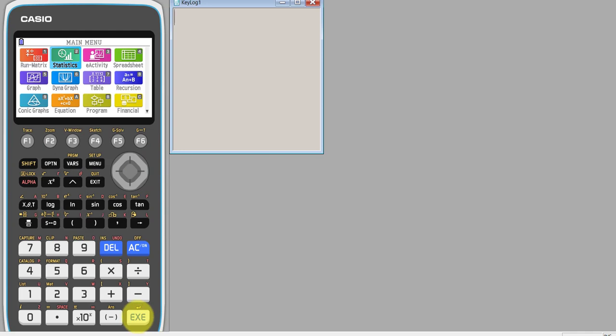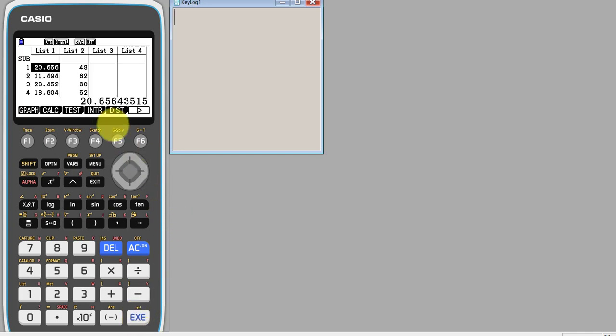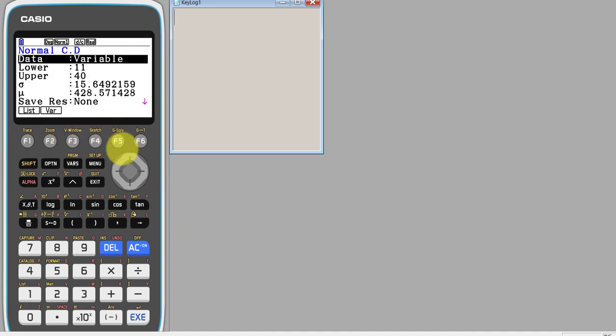So I'm going to go into statistics because I know the syntax for statistics. Distribution, a normal distribution, a normal CD, and I can do it a few different ways, but let's say I know the lower and upper. I could just do it straight with the lower and upper for the normal CD.